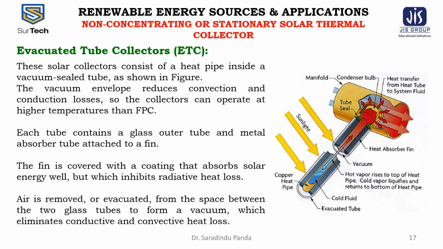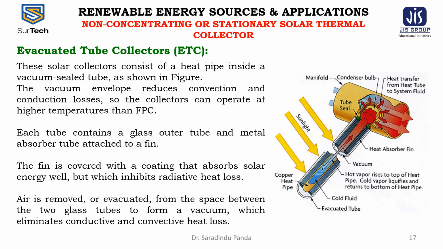The collectors consist of a number of rows of parallel transparent glass tubes connected to a header pipe, where the heat transfer fluid, usually 50% propylene glycol, circulates and absorbs the heat generated by the tubes. These glass tubes are cylindrical in shape.